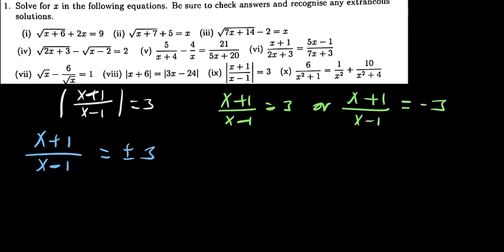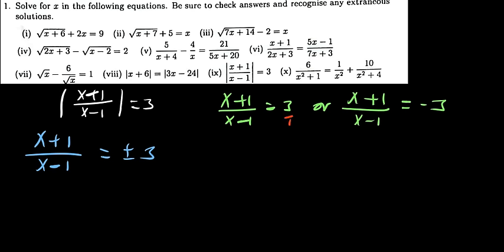What does it mean? It means that I have got x plus 1 divided by x minus 1 is equal to 3, or x plus 1 divided by x minus 1 is equal to negative 3. So you solve now. I'll start with the one for negative. So I'll cross multiply in this case. Here there's 1.